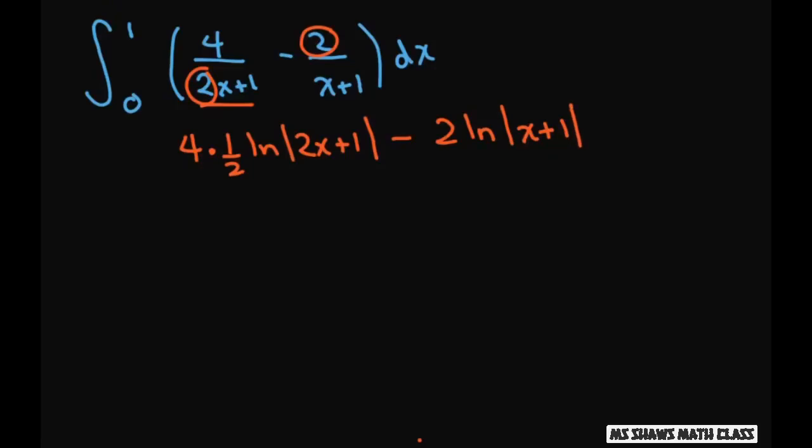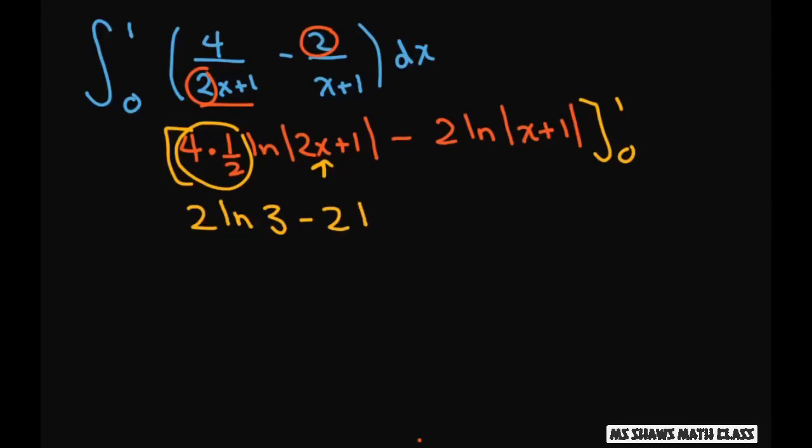All right, and we want to evaluate it over the interval 0 to 1. So you're going to get 2, ln of 3, because you plug in 1 here, minus 2 ln of 2.